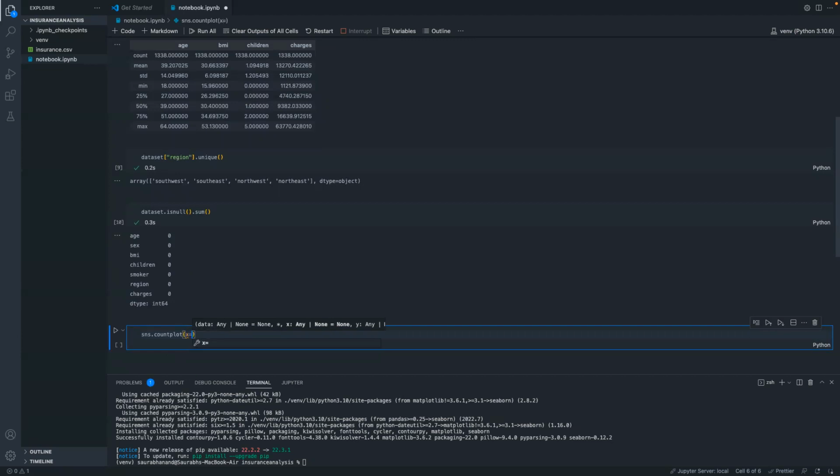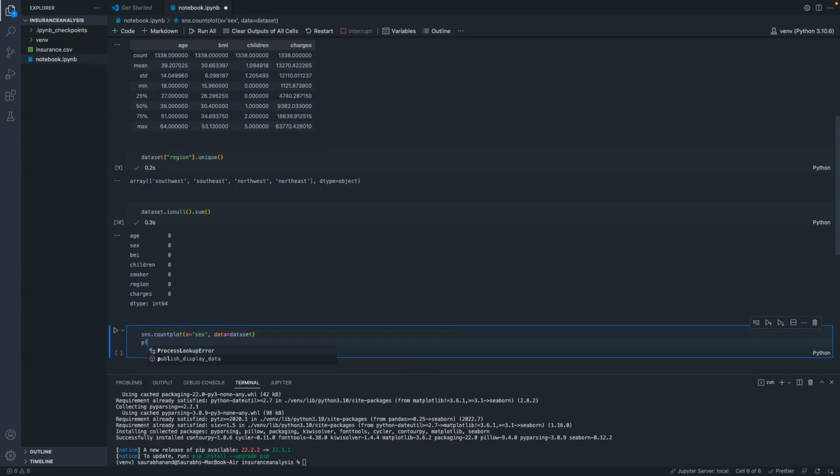I'll put x equal to sex here first, because I want to see the gender distribution for my data set, and data equal to data set. And I want to put a title for this. We'll use plt dot title, and we'll name it gender distribution. And then we'll do plt dot show.